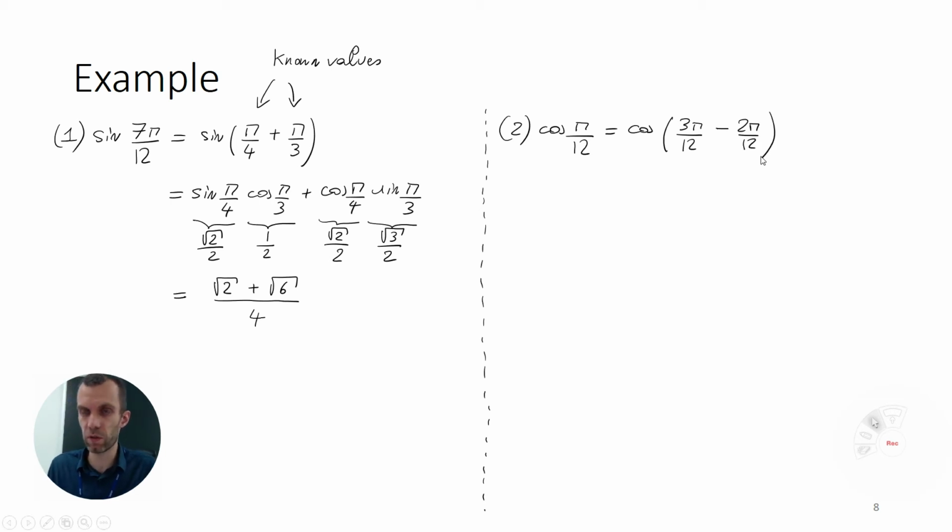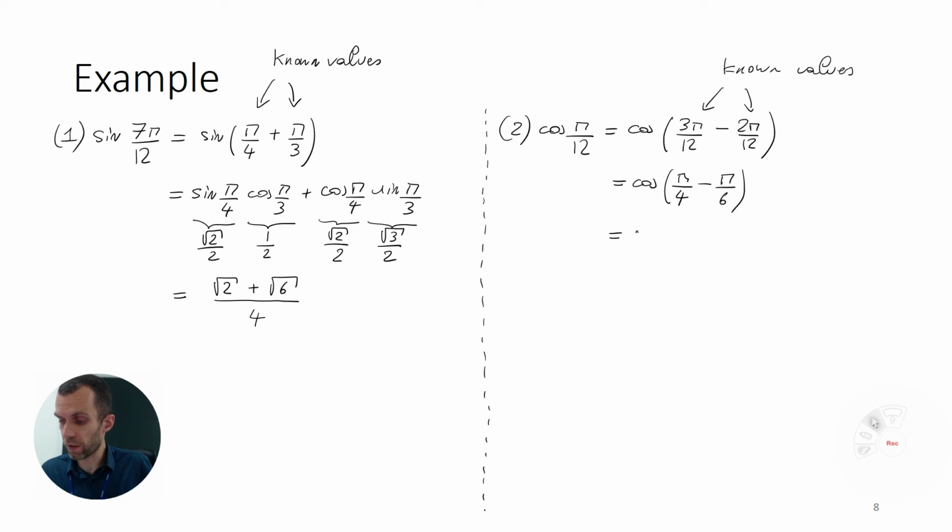Sometimes these decompositions take a little bit of thought, because you want these to be known values, and they are known because if you simplify the fractions here, you get cosine of pi over 4 minus pi over 6.